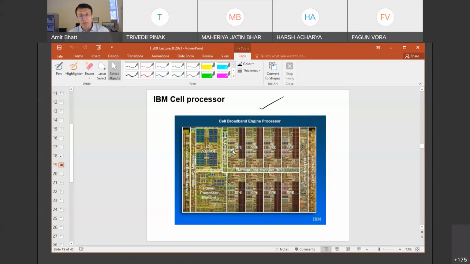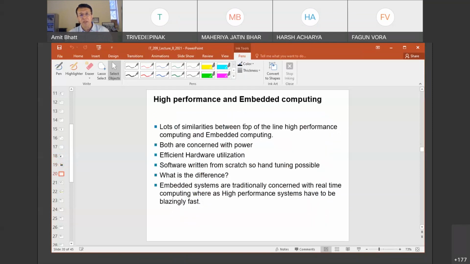And then this is IBM Cell processor. It was sort of one major PowerPC over here, and then signal processing elements. There were 8 signal processing elements over here. So it was used mainly for broadband applications, so for communication purpose.